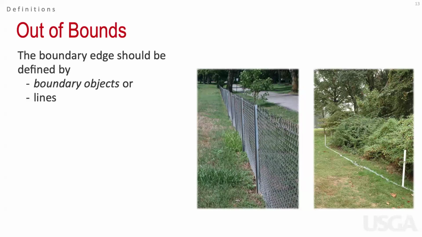And typically, we're going to see boundary edges defined by boundary objects, like we see this fence here. Could be lines, could just be stakes, could be a road. There are many different things that will define out of bounds.